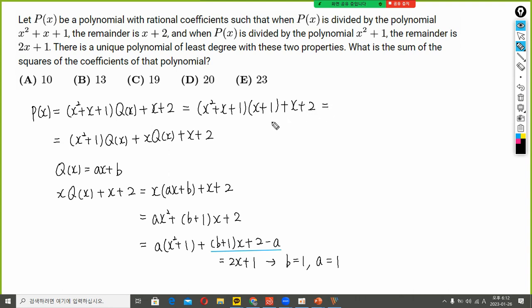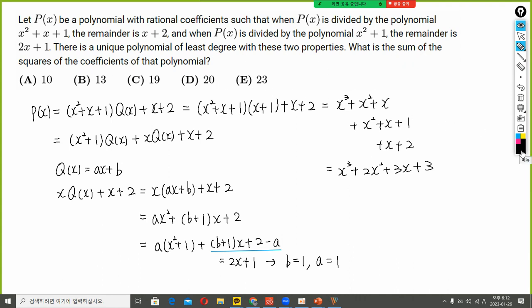So if we open the parenthesis, what is the sum of the squares of each coefficient?